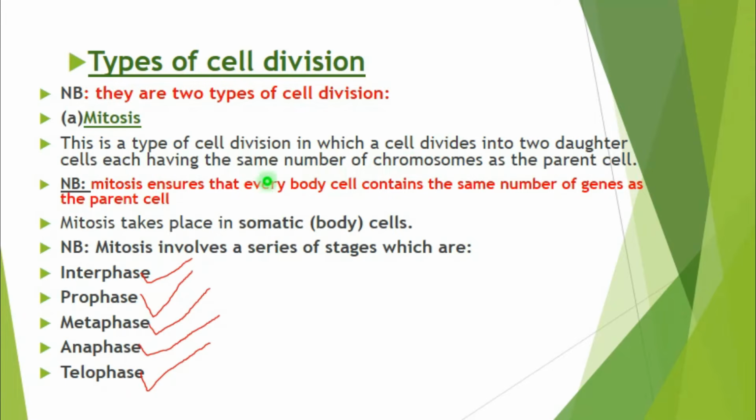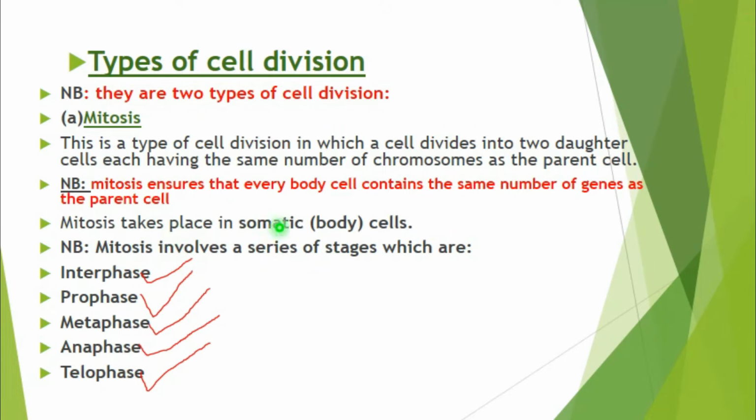That is the key word. Each daughter cell has the same number of chromosomes as the parent cell. Now note that mitosis ensures that every body cell contains the same number of genes as the parent cell. Why is it so? It is so because mitosis involves the division of a cell into two daughter cells, and each daughter cell has the same number of chromosomes as the parent cell.